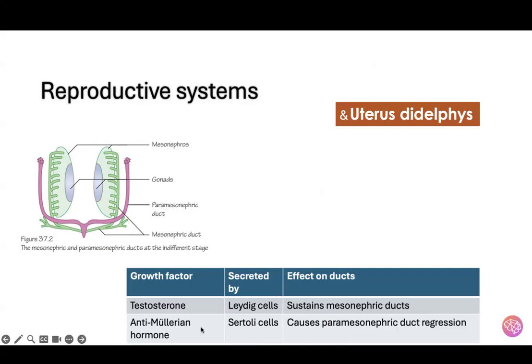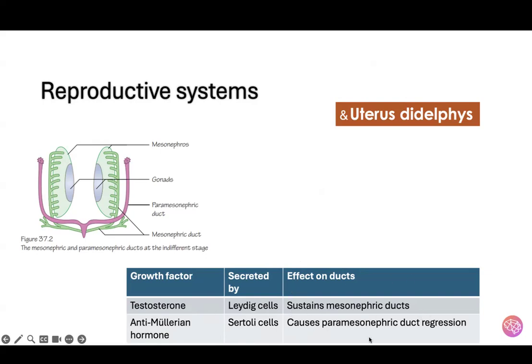So the Sertoli cells in the male reproductive system enable a positive feedback loop for the maintenance of the Wolffian duct, and testosterone is produced by the Leydig cells.